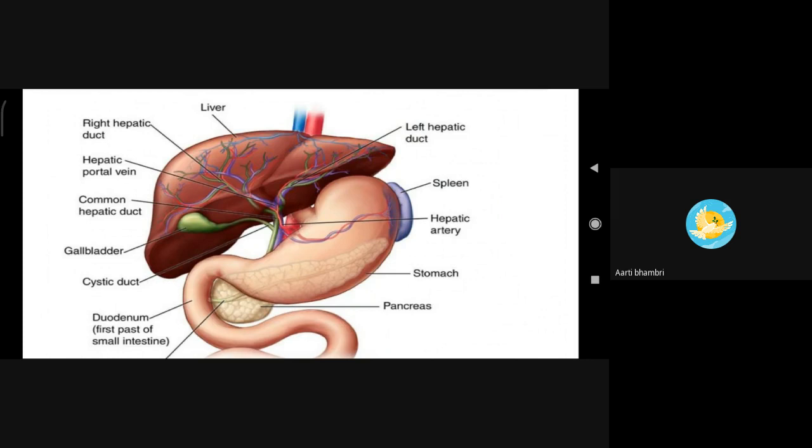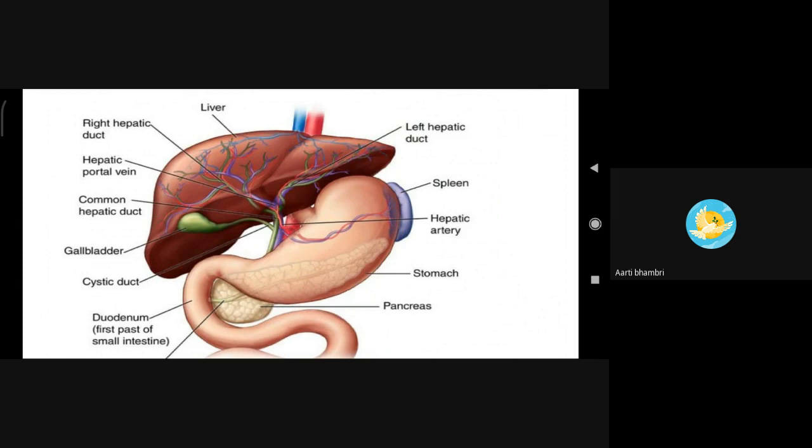Means the bile juice produced in the liver is a bit watery or diluted, but when it is stored in the gallbladder, the gallbladder makes it more concentrated, because for emulsification of fat, concentrated bile juice is needed. So that work is done in the gallbladder only.